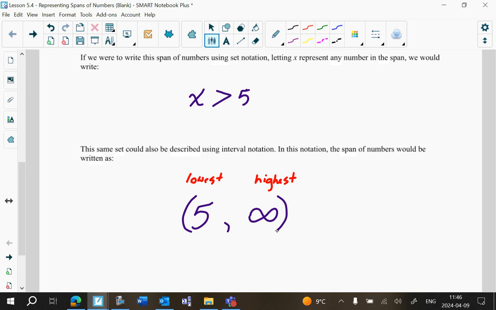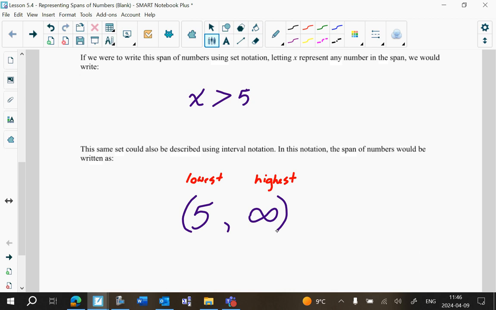Because infinity is not a number. Infinity is a concept. It represents the largest number. However, we don't know what that is. I know your mind gets a little twisted with it. But we always put parentheses. And don't confuse this with a coordinate. You're not asking to plot the point 5 comma infinity, because that would be impossible.